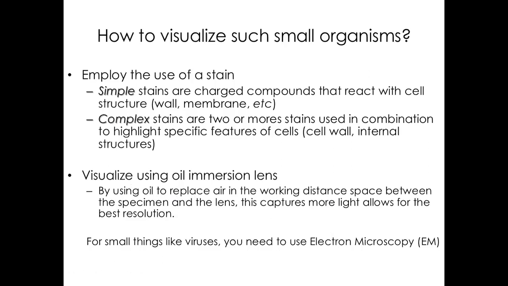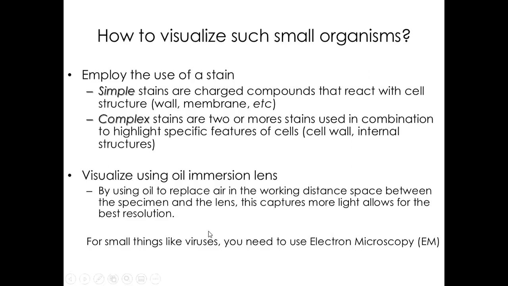And we really need to get a concentrated amount of light through that sample to be able to see it, because just the light source alone might not have enough light coming through to visualize the specimen. So we put a drop of oil on there, and it makes a little bridge between the sample and the lens, so that the oil helps focus the light through it and allows you to see it better.